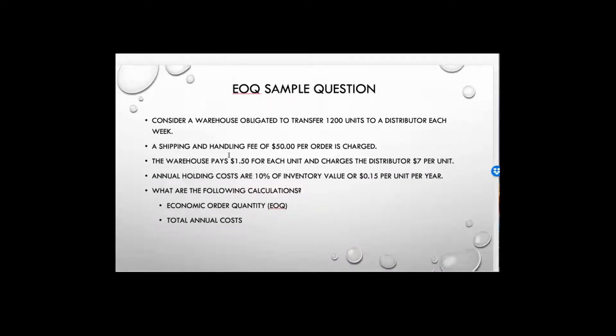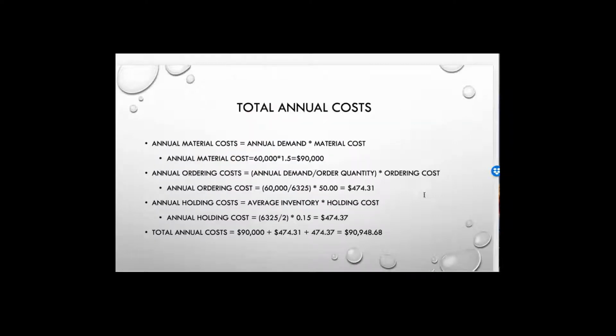So we take the number of orders that we make per year, multiply that by the fixed cost per order of $50, and we get $474.31. So that's our annual ordering cost.